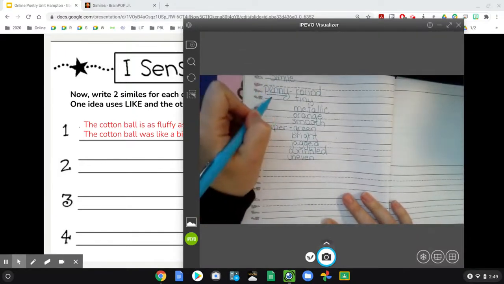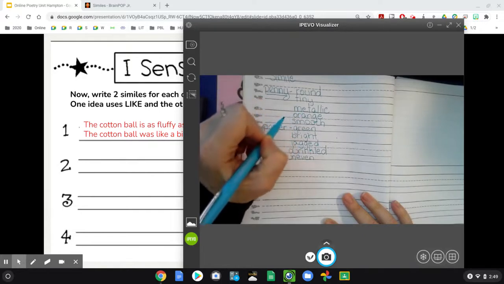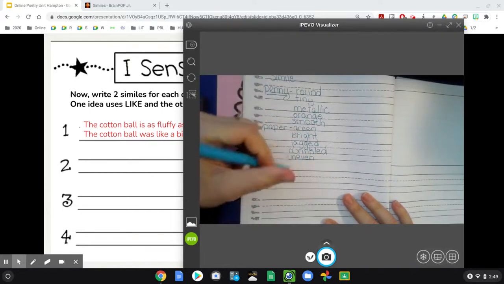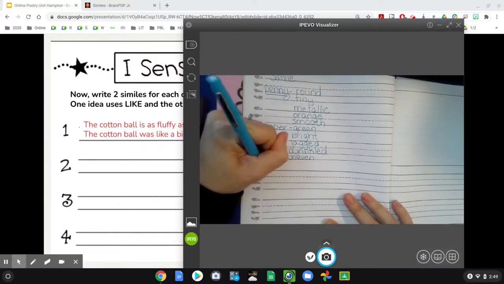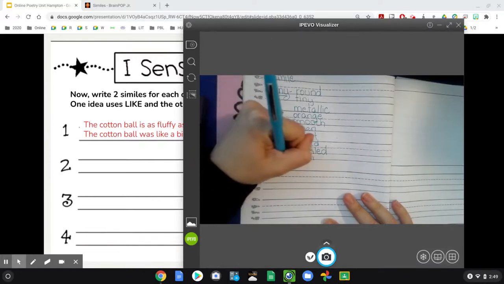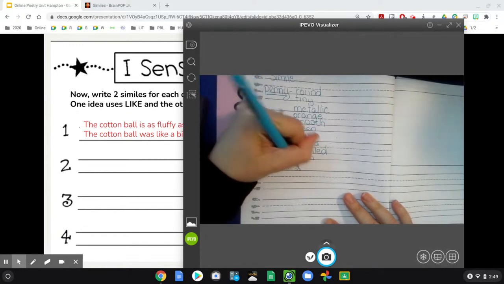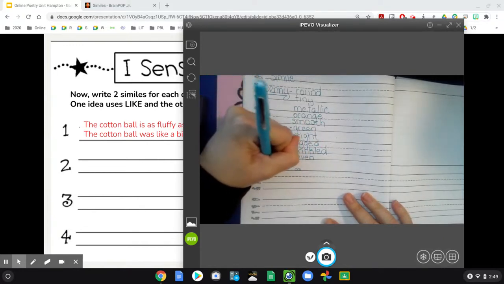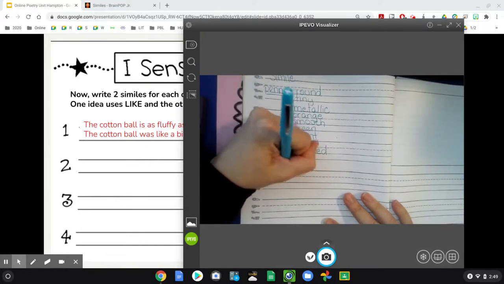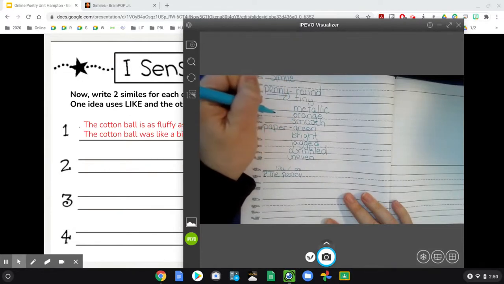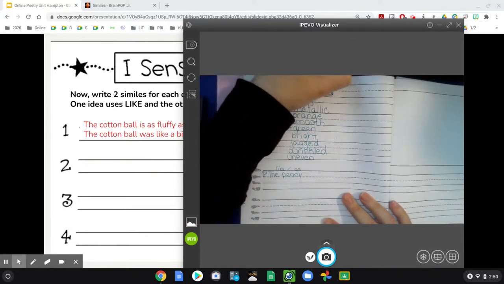Okay, so let's think of metallic. You can use orange, so I could say the penny. I'm going to go like, and my second one I'll do as. Okay, the penny. Maybe I'll do, I think I said shiny. Didn't I say shiny? Let's do shiny.